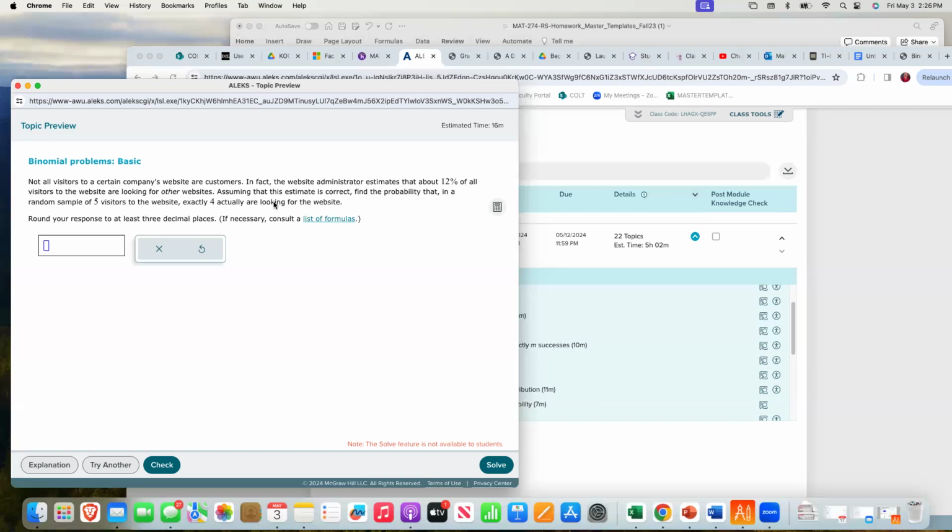Because we're looking for people that are actually looking for the website. So this is saying 12% are looking for others. So our P actually, even though it isn't clearly stated here, is going to be equal to the complement of 12%, which would be 88%, right? 0.88.